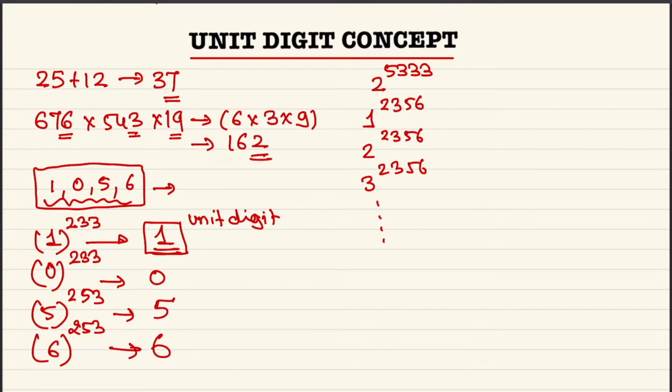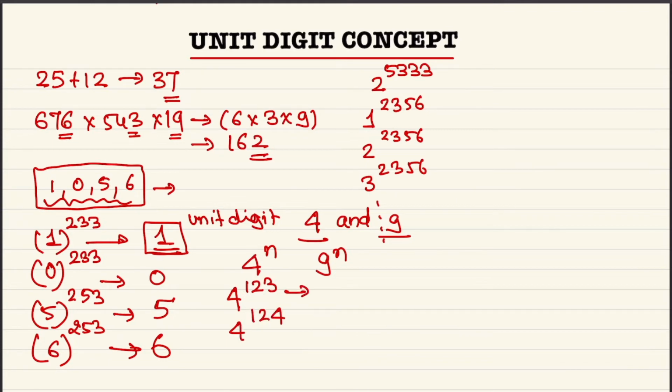Now then come the numbers 4 and 9. When 4 and 9 are raised to any power n, 4 power n and 9 power n, they follow a pattern of odd and even. It means if I write 4 raised to power 123 and 4 raised to power, say, 124.